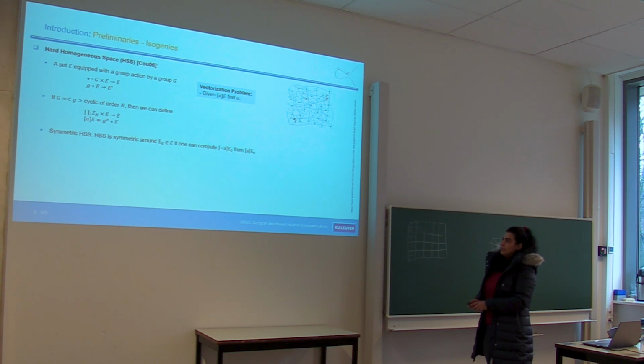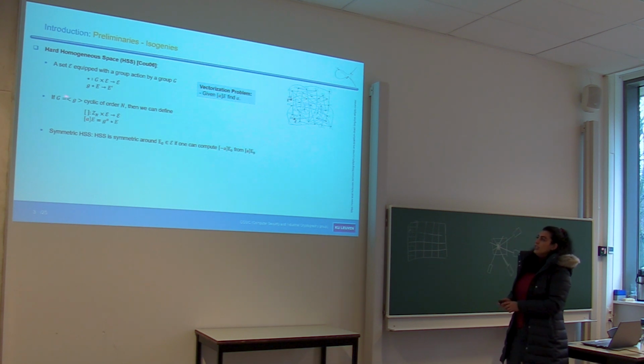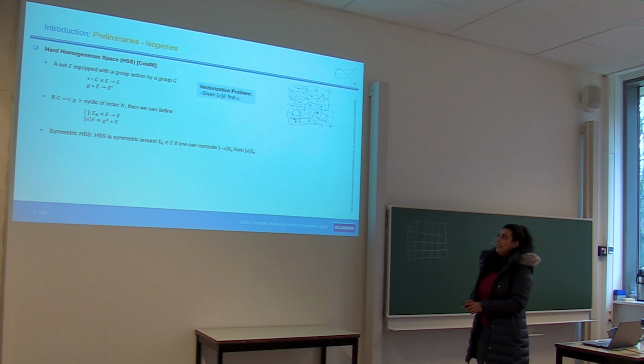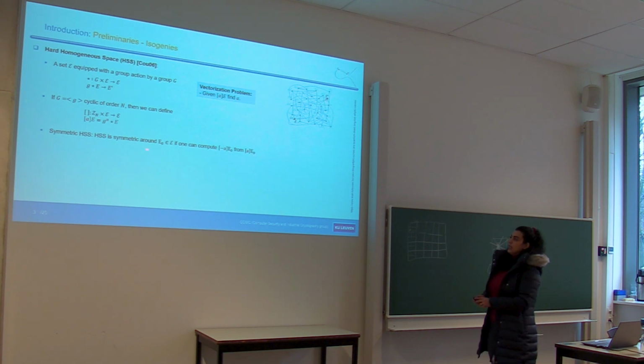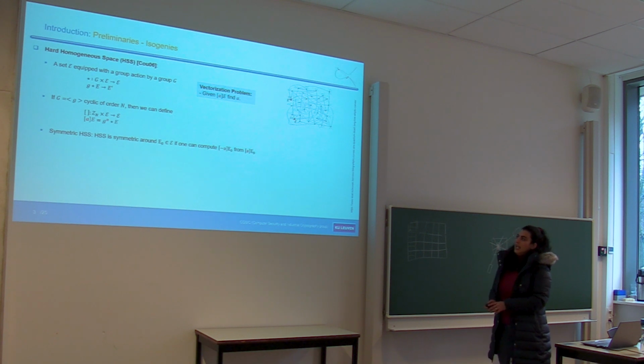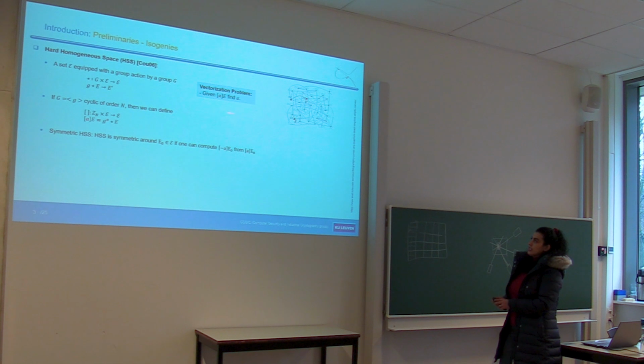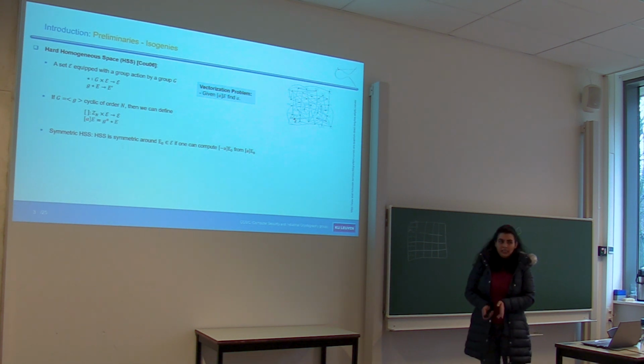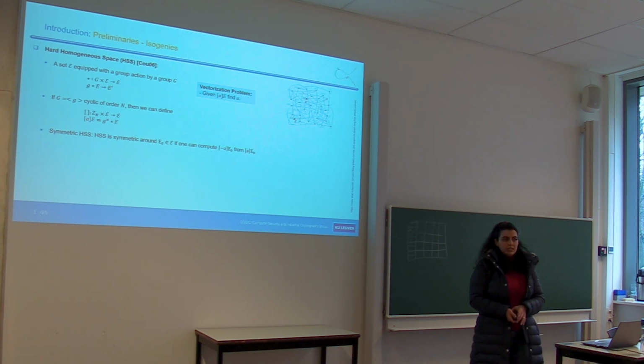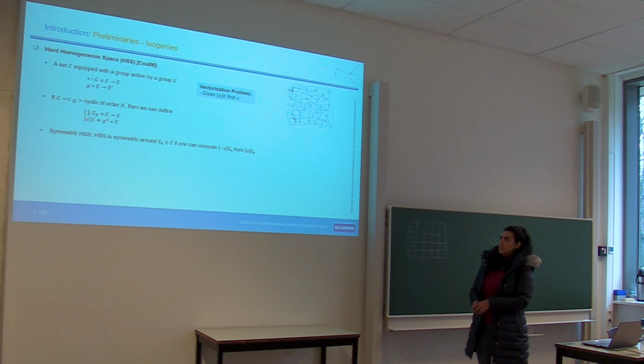And this is the operation. If we instantiate this group with a cyclic group of order n, then we can define this bracket notation that you can see here: [a]E is equal to g to the power of a star E. We have the vectorization problem here, which says that given [a]E, it is difficult to find a. This is analogous to discrete log in the discrete log setting.